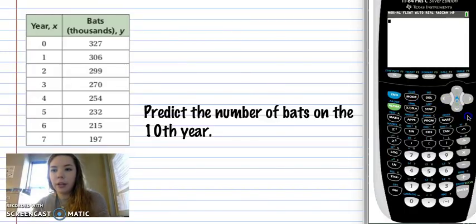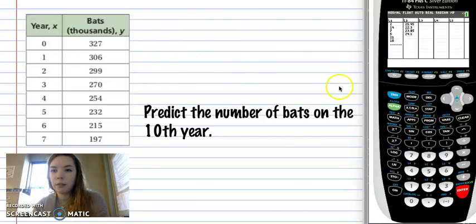So again, I'm just going to clear. To fill in my table, I'm going to click my Stat button and then Edit. So I'm going to clear these out. And then I can type in everything from my table.